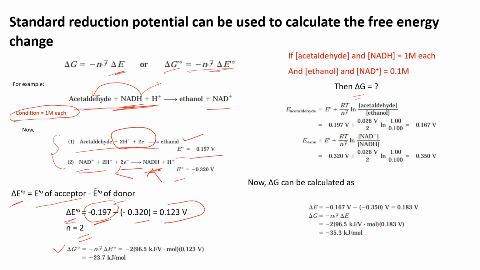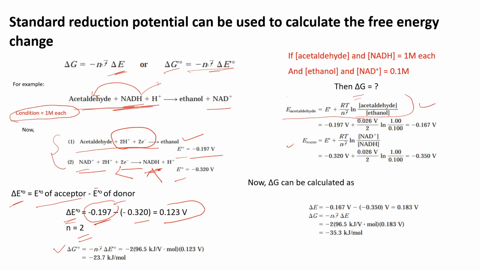So first we have to calculate E. So first we have to calculate the reduction potential. Then only we can subtract E of donor from E of acceptor to get the delta E. So first we need E for acetaldehyde and also for NADH. Clear? So the formula is E of acetaldehyde equals E standard plus RT divided by nF times the concentration of acetaldehyde divided by concentration of ethanol. This formula we learned in the last slide.